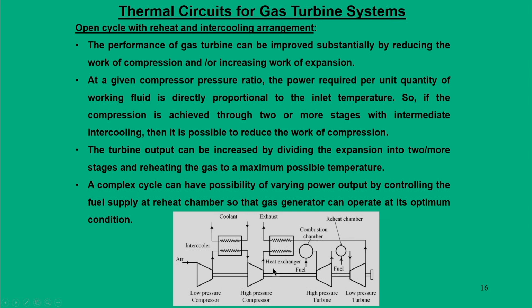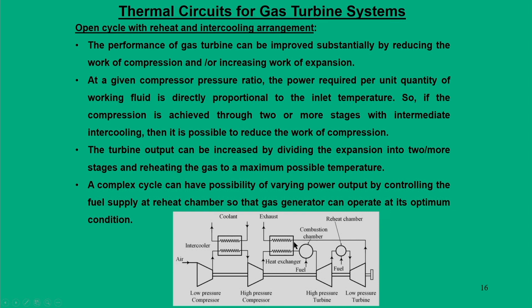After the fuel air mixture expands in the first turbine, it is allowed to expand in the next turbine, but before that, further heat is added. That means, instead of adding heat at a single unit, heat addition takes place at multiple places, and the fuel air mixture is expanded in multiple turbines. This concept we call the reheat concept.